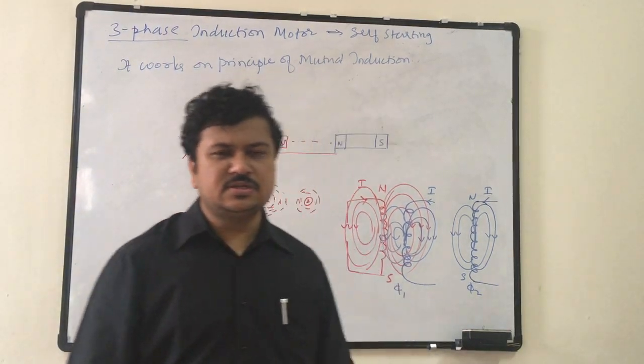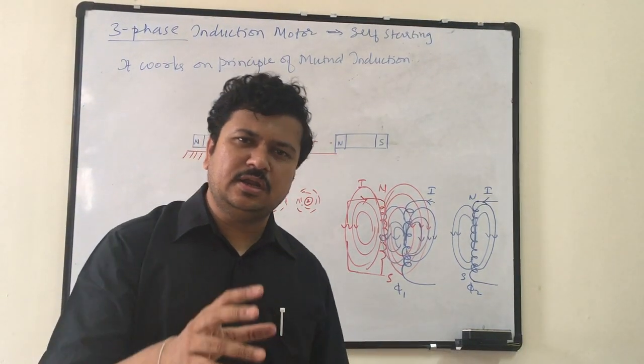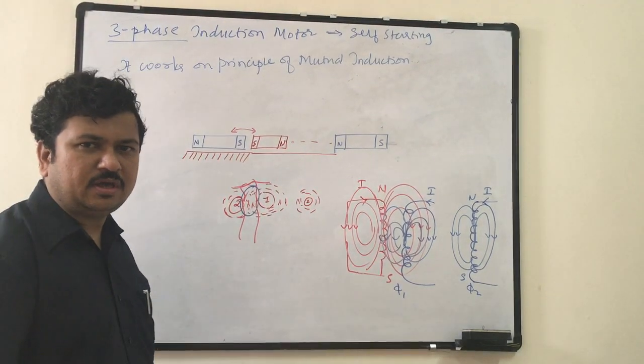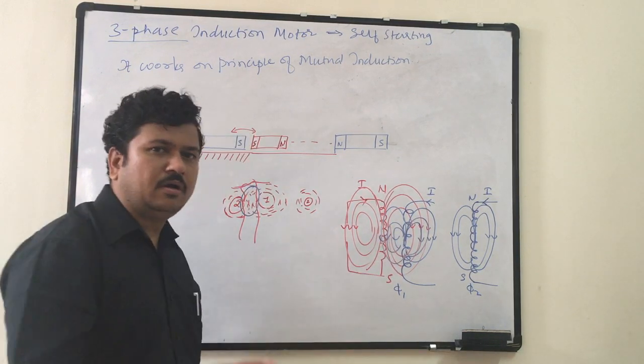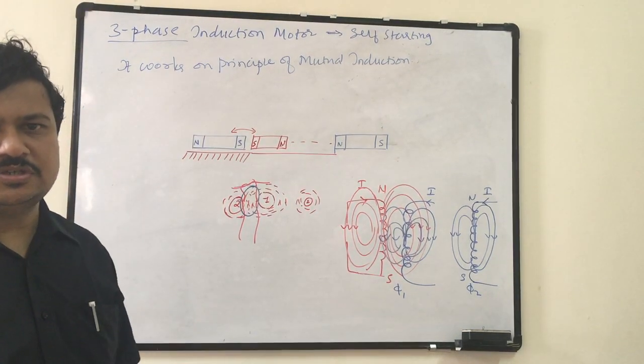The moment two fluxes exist, they interact with each other and get a resultant flux. So now either of the two or both coils will experience a force.